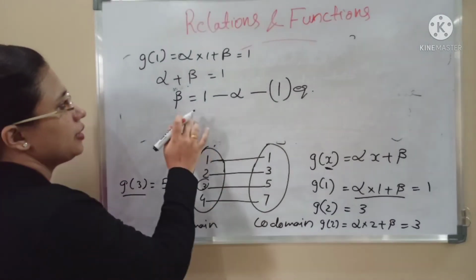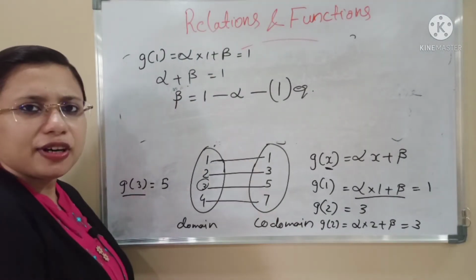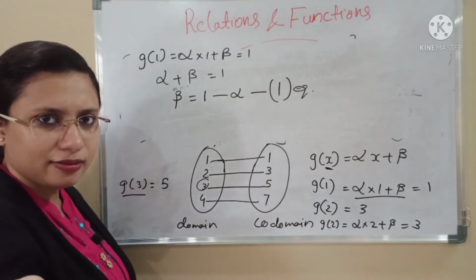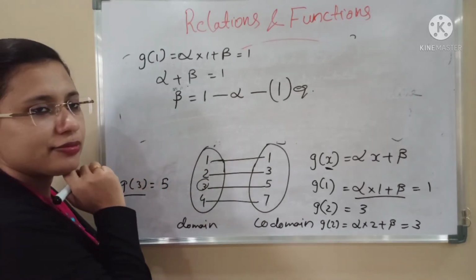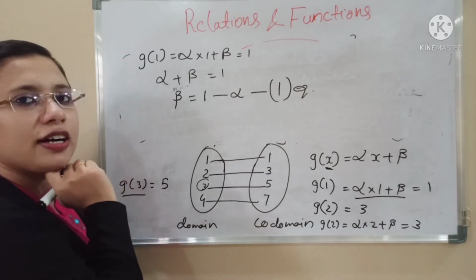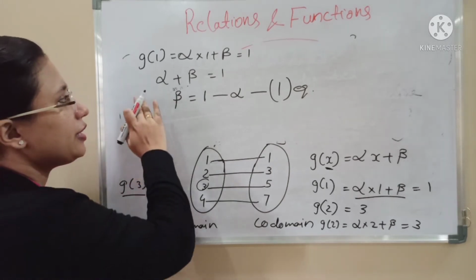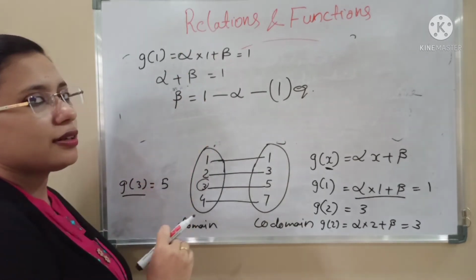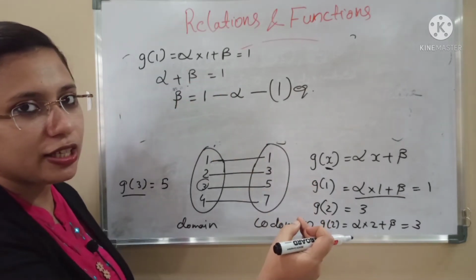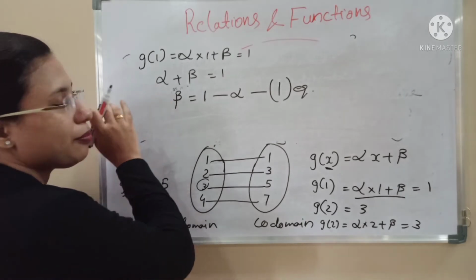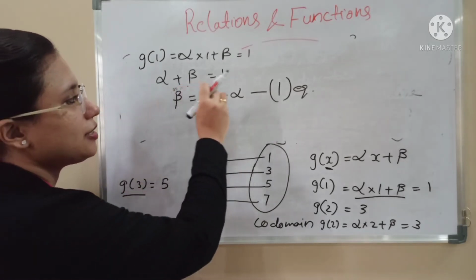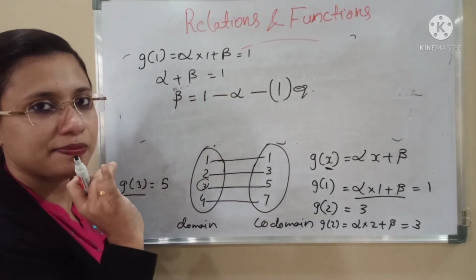Now, how did this alpha become negative? Some of you may have this doubt. Because here alpha is positive, when it goes to the other side of the equal sign, the plus turns into minus.